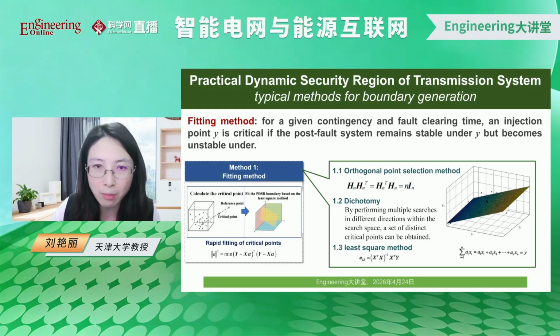We will get the boundary between the stable and unstable parts, and then we simulate the boundary. So the basic idea is based on the point-wise method, and we simulate a large number of operating points, and then we get the boundary.